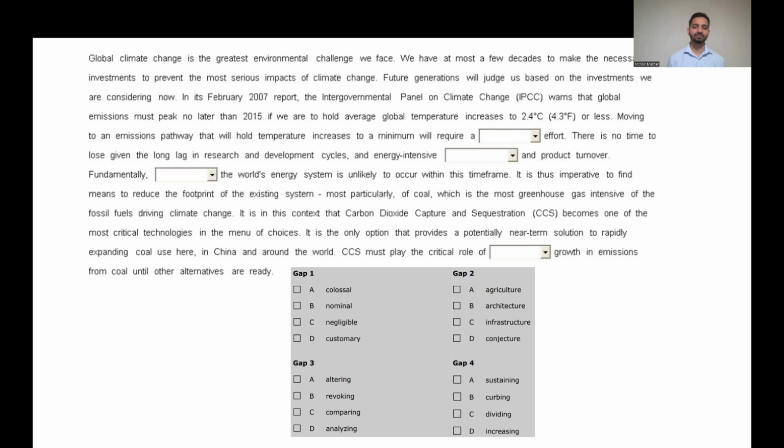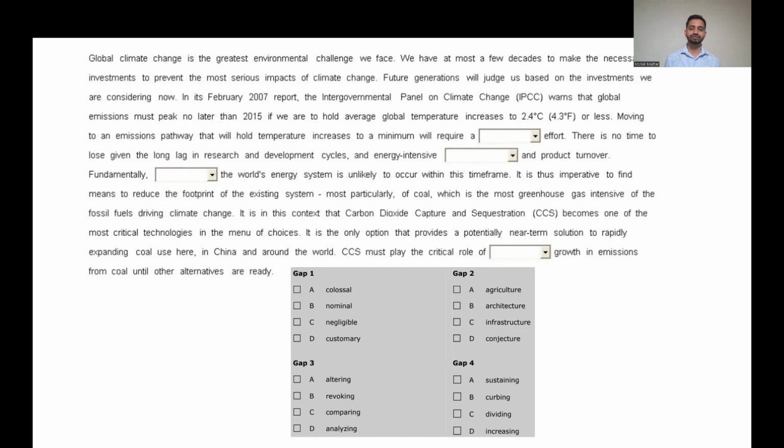It is the only option that provides a potentially near-term solution to rapidly expanding coal use here, in China and around the world. CCS must play the critical role of growth in the emissions from coal until other alternatives are ready.